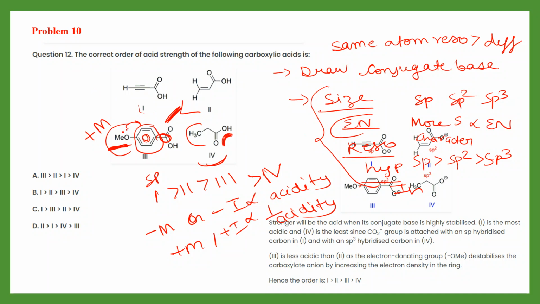First, we have segregated based on electronegativity, that you have already told, sp is greater than sp2 than sp3. Then we have solved on the basis of resonance. Resonance is there, but this OMe is plus M. If instead of OMe here NO2 was there, then NO2 would come ahead of this. Okay. Yes, ma'am. Okay. So option B is correct.